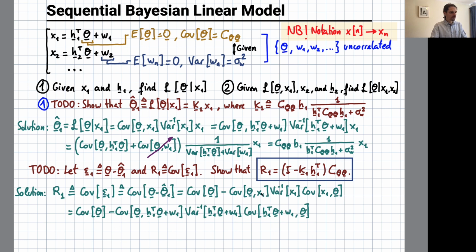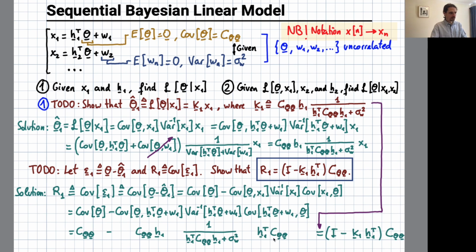Now we just need to use this equation here, and again apply properties of the covariance and variance, which results in this expression here.